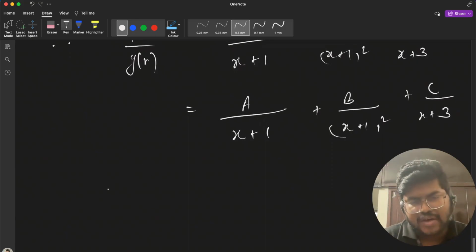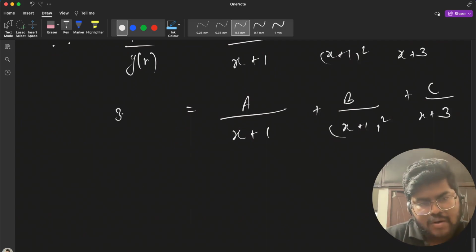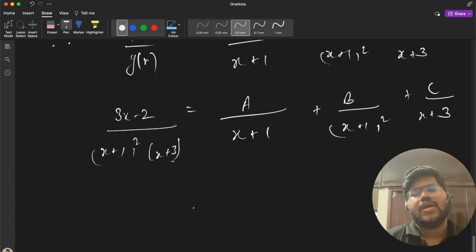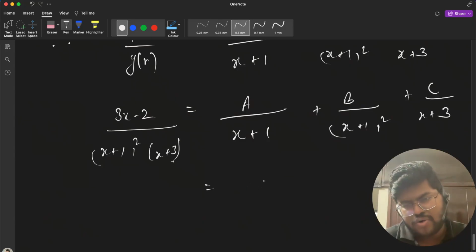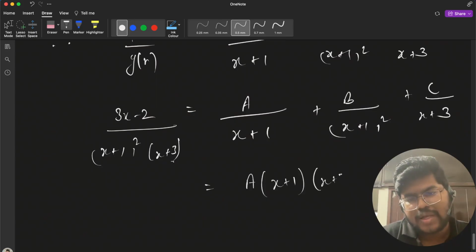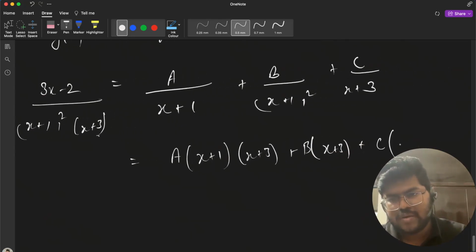Now just try to compare. Here it is (3x minus 2) over (x plus 1) square times (x plus 3). Taking the LCM, we get a times (x plus 1) times (x plus 3) plus b times (x plus 3) plus c times (x plus 1) square.